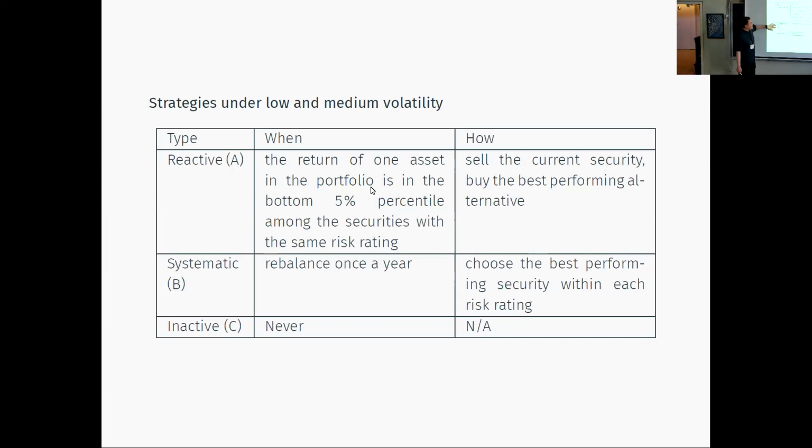The second type of strategy is systematic. These clients rebalance their portfolio maybe once a year, maybe once every 6 months, and when they rebalance, they choose the best performing security within each risk rating. And finally, we also observed some clients who never trade. These are inactive clients.